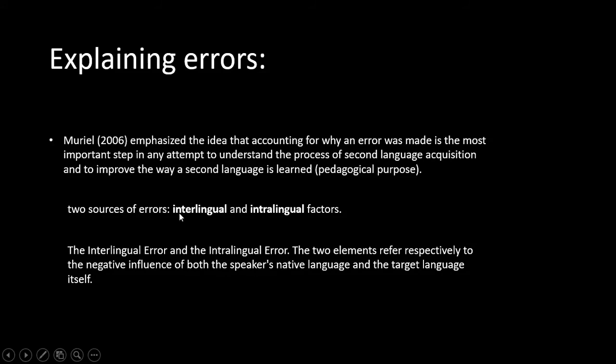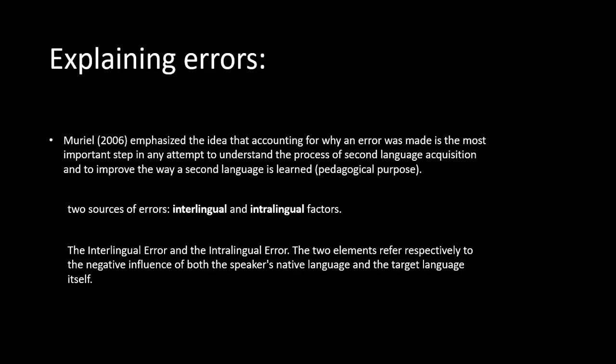Two sources of errors: interlingual and intralingual factors. In explaining errors, linguists have always been attempting to describe the types of errors committed by the language learners, and that is exactly the best way to start, as it helps the applied linguist to identify where the problem lies.